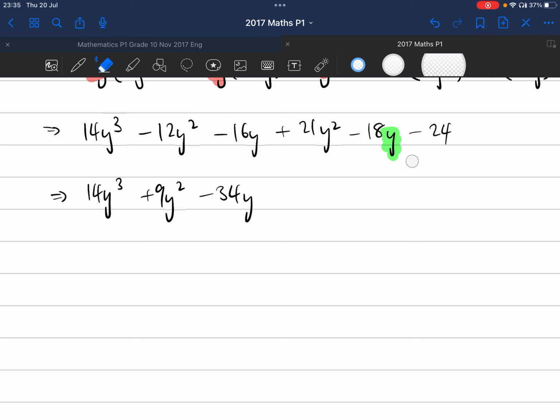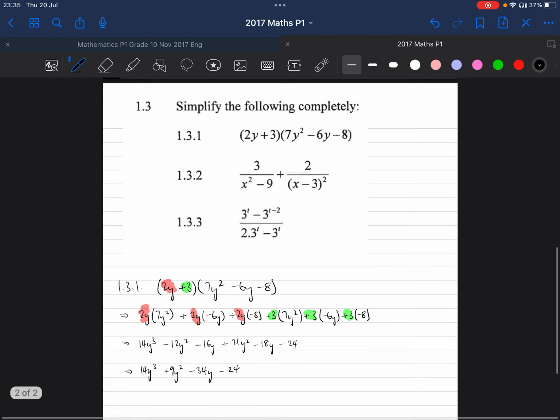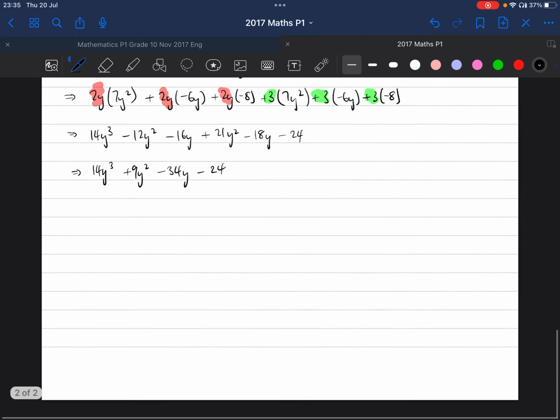And now the constant, which has no variable, is just minus 24. So there's the final answer: 14y cubed plus 9y squared minus 34y minus 24. Okay, cool. Let's go to 1.3.2.